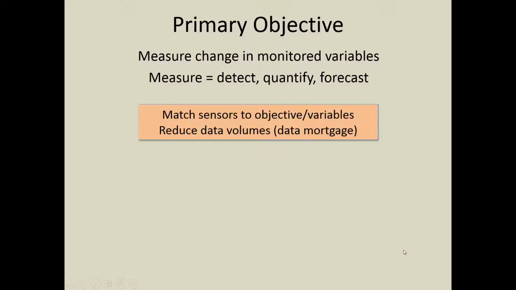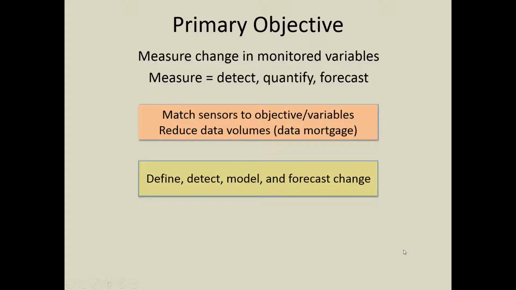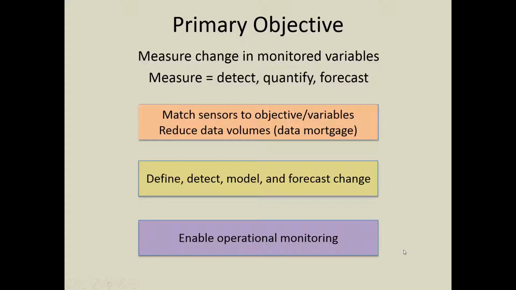And given the increasing amount of remote sensors that are being used, ultimately we'd like to reduce data volumes and eliminate what's become known as the data mortgage. We ultimately want to define, detect, model, and forecast change. And to be acceptable to the industry, we'd also like to enable operational monitoring. And I'll go through these, and these are specifically color-coded to give you a sense of where we are as we go along the path.